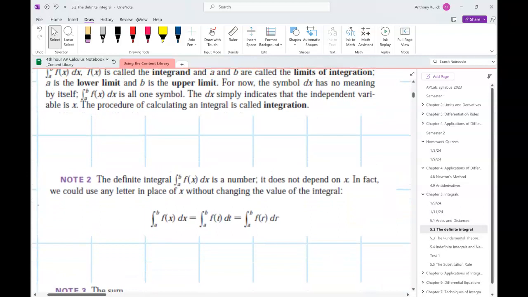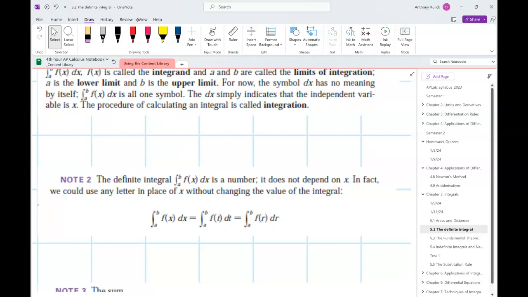So notice that this definite integral is just a number, right? It's the area under a curve. It's not a function in terms of a variable. It's literally just a number. So the name of our variable does not matter, whether we call it the integral from a to b of f of x dx, or the integral from a to b of f of u du, or the integral from a to b of f of t dt.